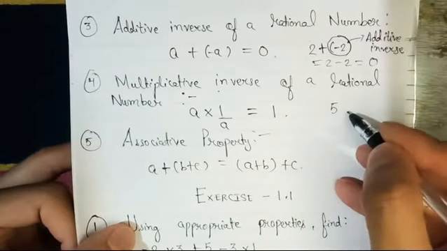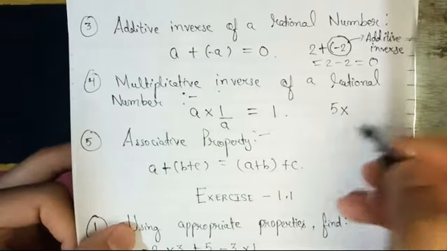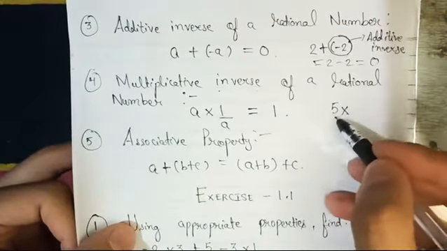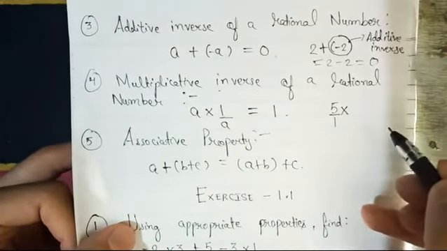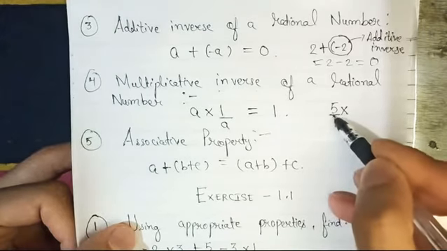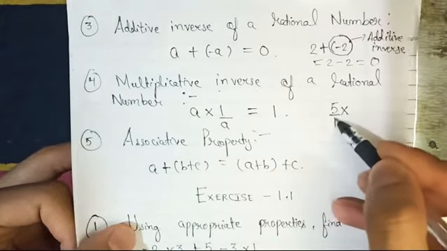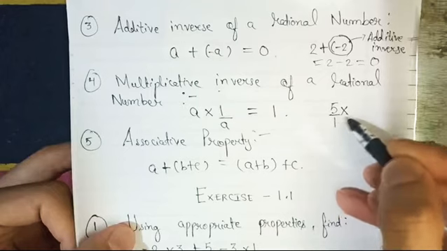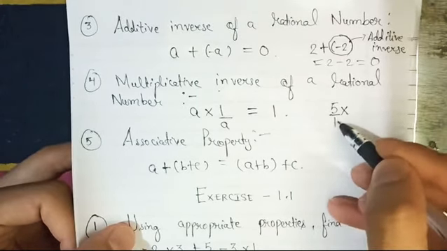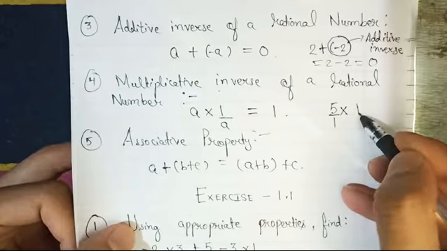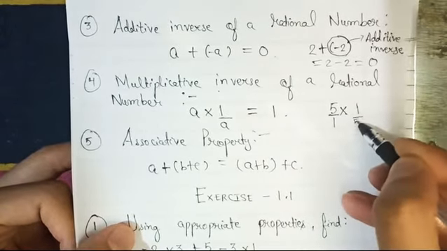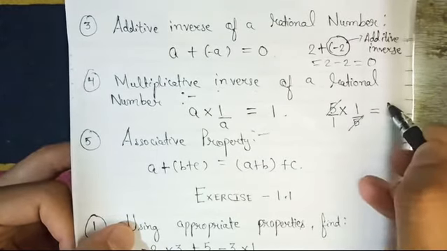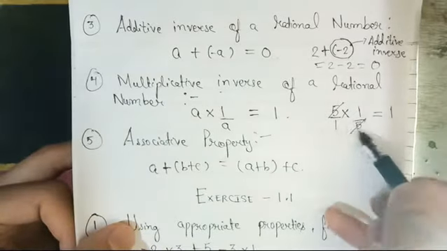First of all, I will multiply 5 with the reciprocal of 5. Reciprocal means the numerator becomes the denominator and the denominator becomes the numerator. See, 5 is an integer, so its denominator is 1. Now while calculating the multiplicative inverse, the denominator becomes the numerator, that means 1, and the numerator becomes the denominator, that means 5. When these two values are multiplied, you will get 1. 5 and 5 cancel out, 1 into 1, 1.